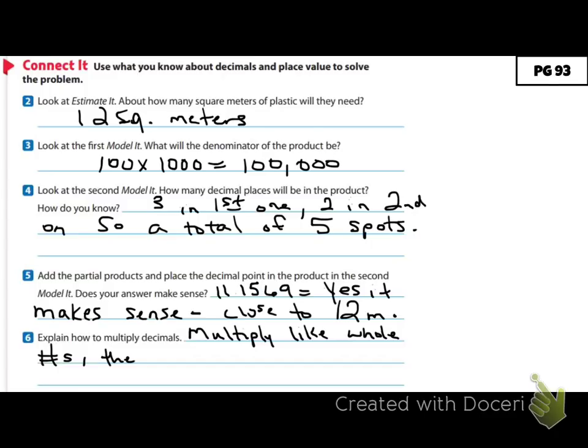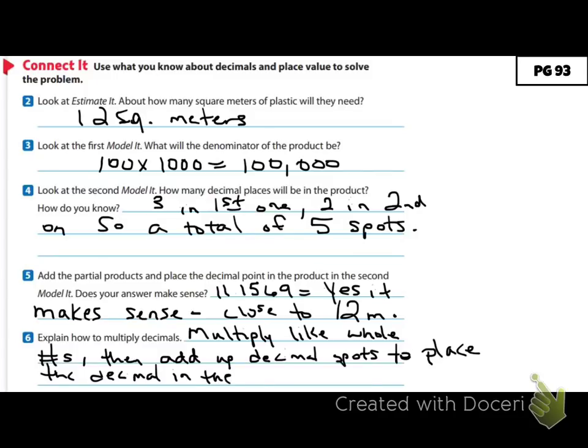Then add up the number of decimal places, add up decimal spots, to place the decimal in the product.